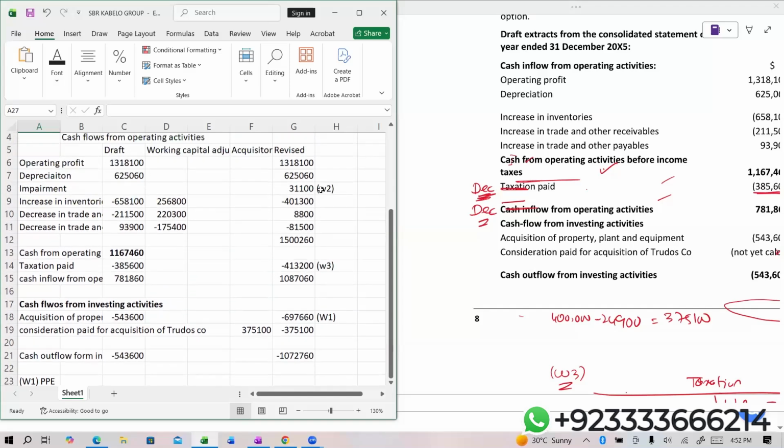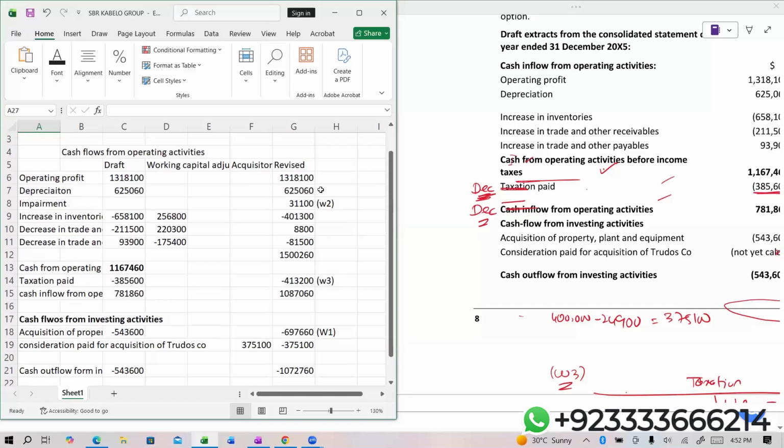Cash purchase of property, plant and equipment, impairment loss of goodwill, and taxation paid. So, students, will you be able to do it? Students, all you need is just replicate what we have done on the PDF. Quickly reply yes or no, please. This should not be disturbing you.